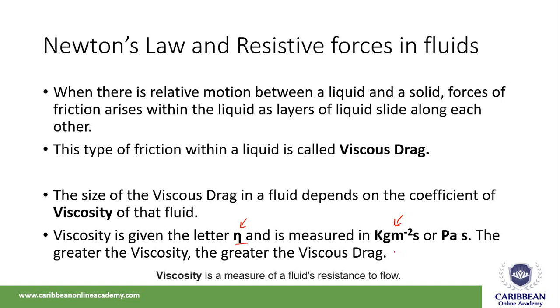We can compare this in terms of honey. Honey is going to be more viscous than water. You understand? Because of the nature of what honey is made up of, those different types of bonds and so forth, honey is very thick. So for that reason, we say it is more viscous.